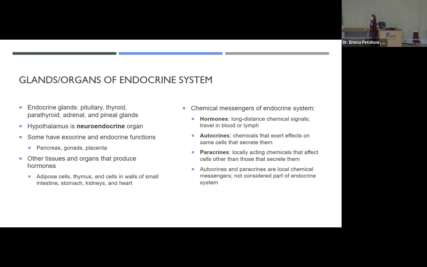They might list those all in one category and have you select and put it into a category yourself. Autocrines and paracrines, though, are chemical messengers. They are not hormones. So keep them separate in your brain. I know I misspoke and said hormone, but hormones are different than autocrine and paracrine chemicals.